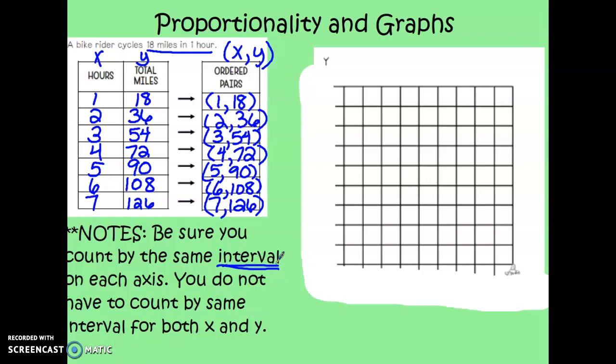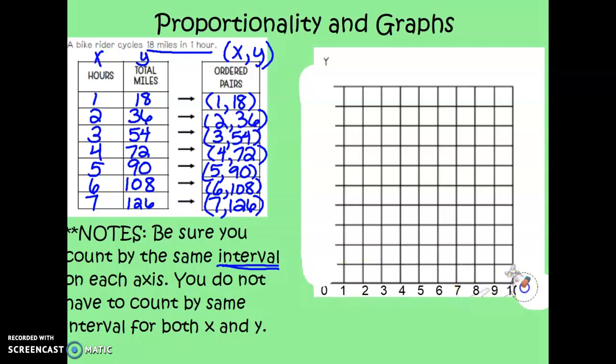Now, x and y don't have to be the same, but if I start counting by 1 on my x-axis, like 1, 2, 3, I can't skip over and start counting by 2s or 3s. So on my x-axis for this example, I've numbered by 1s: 0, 1, 2, 3, 4, 5, 6, 7, 8, 9, 10.